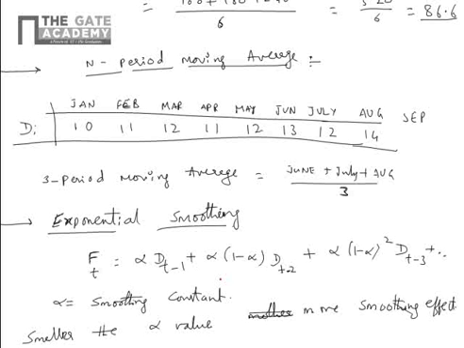Higher the value of alpha, the more robust the forecast and the more quickly it responds to changes. Higher value of alpha means you are giving more weightage to recent values.